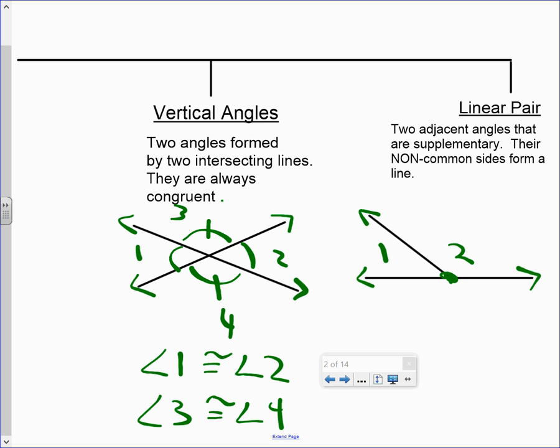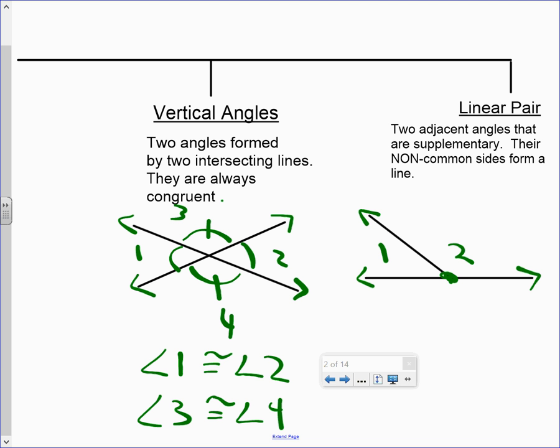Their non-common sides form a line. Notice as you're writing this definition, the definition assumes you already know two words we've covered in this tree map: adjacent and supplementary. It's assuming you understand those definitions. Two adjacent, we covered adjacent. Angles that are supplementary, that's the third branch. Their non-common sides form a line.